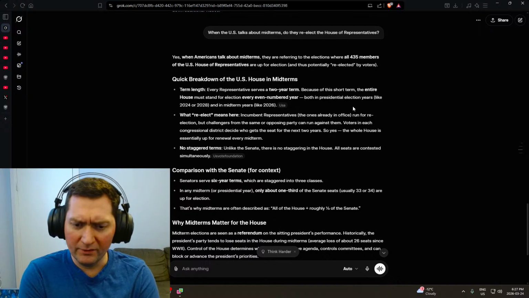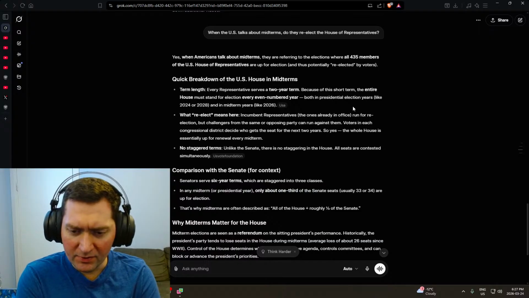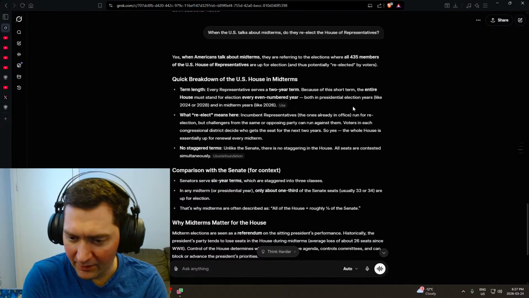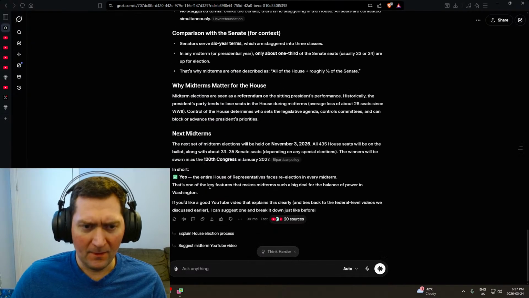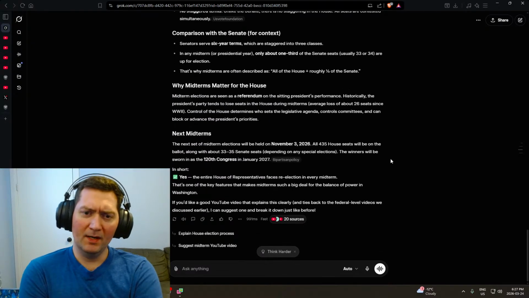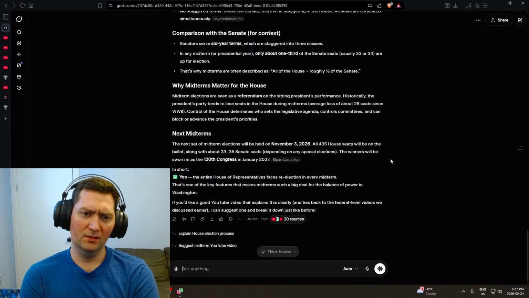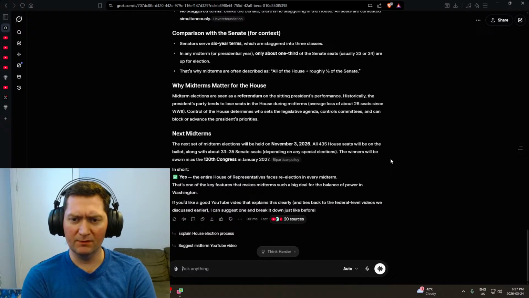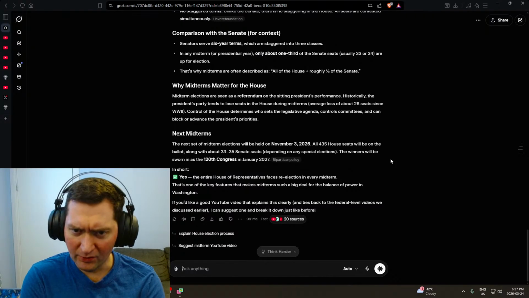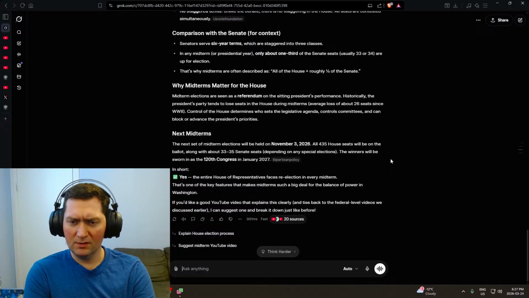That's why midterms are often described as all of the House plus roughly 1/3 of the Senate. Why do midterms matter more for the House? Midterm elections are seen as a referendum on the sitting president's performance because the president can only be changed every 4 years.